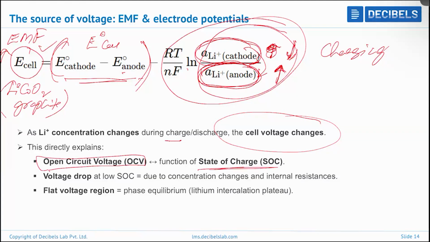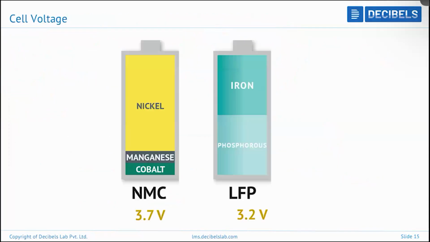It is a function of SOC, state of charge. The voltage drop at low state of charge is due to concentration changes and internal resistances, which I'll discuss in a later slide. The flat region is because an equilibrium state is attained between the anode and cathode.